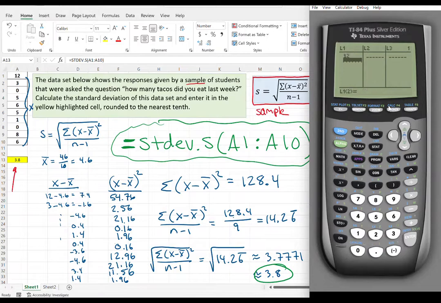So you could type in the 12, the 3, the 0, 5, 6, 5 again, a 1, a 0, an 8, and a 6. So now I have those 10 numbers.